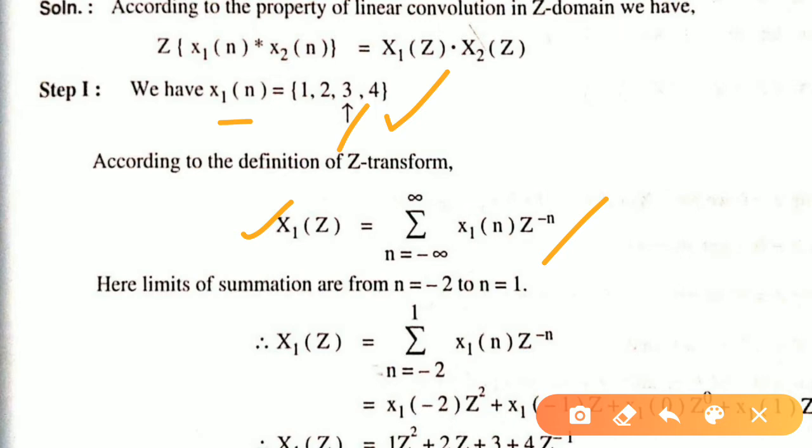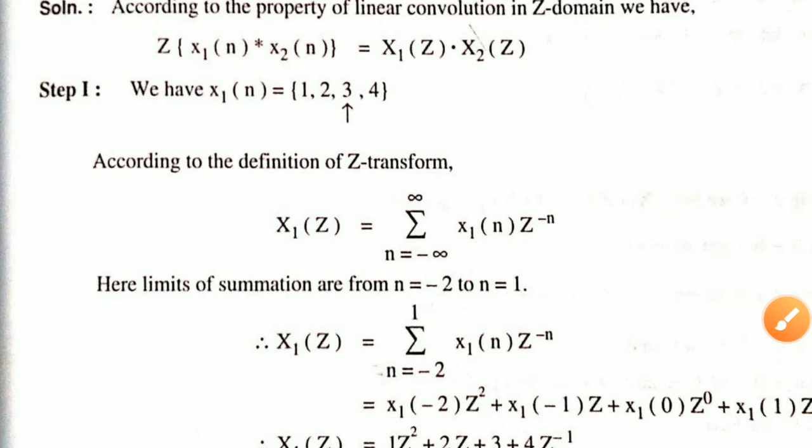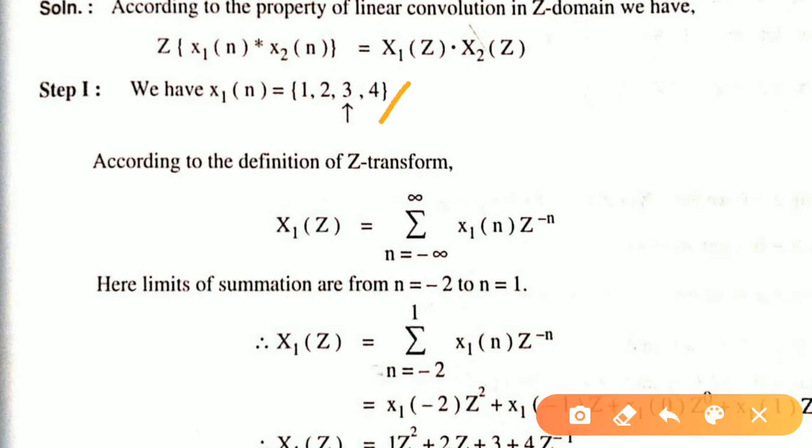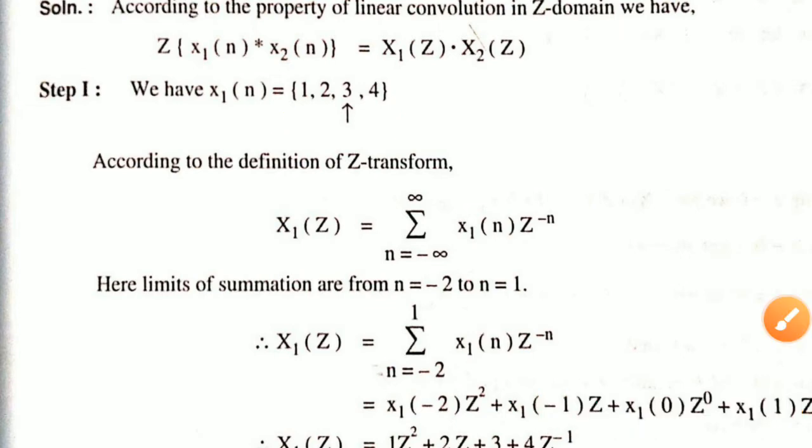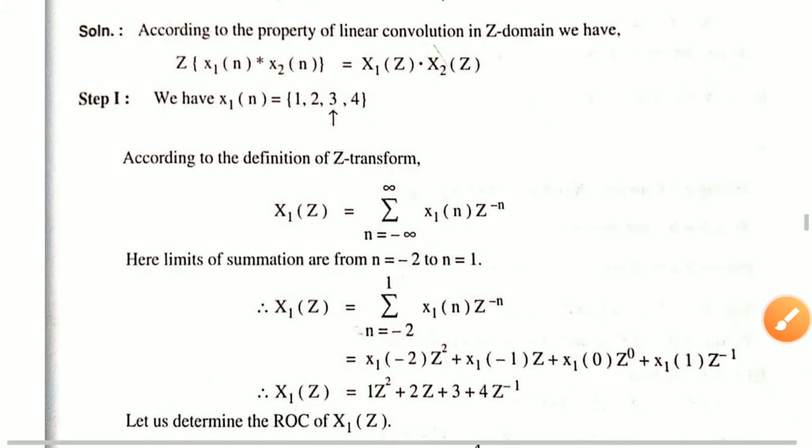The values towards the right side of the arrow are taken as positive, and the sequence towards the left is negative. So ultimately x of 0 is 3, x of 1 is 4. For the left side, x of minus 1 is 2 and x of minus 2 is 1. I think this should be clear for you.